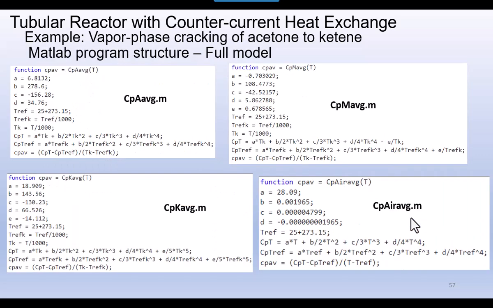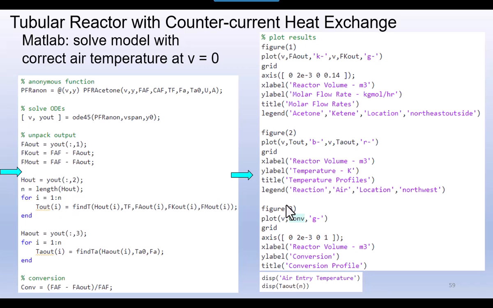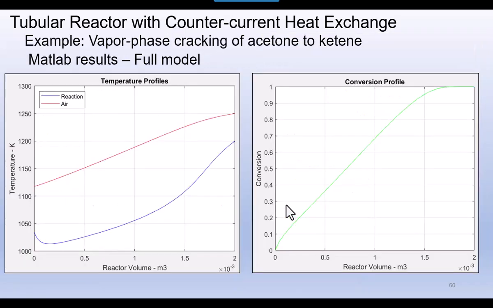And then we have all of our heat capacity routines. And finally, we have our acetone PFR model so that we can put in our temperature that we determined from solving the two-point boundary value problem. And in that way, we can get our profiles, all right?